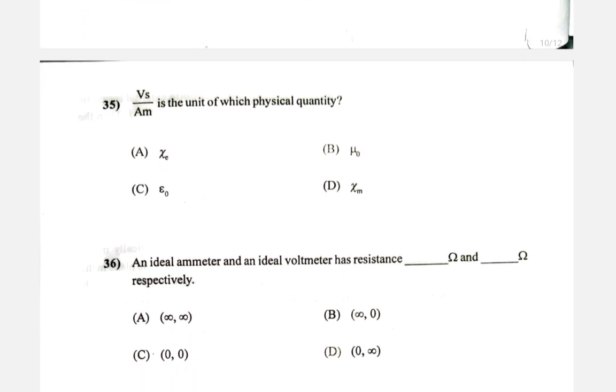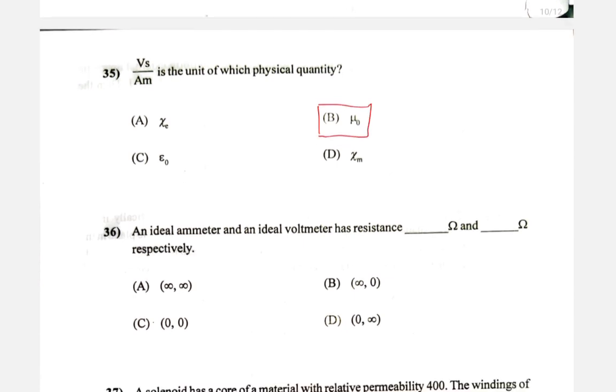Volt second upon ampere meter is a unit of which physical quantity? We know that this physical quantity is mu 0, but let us derive it.